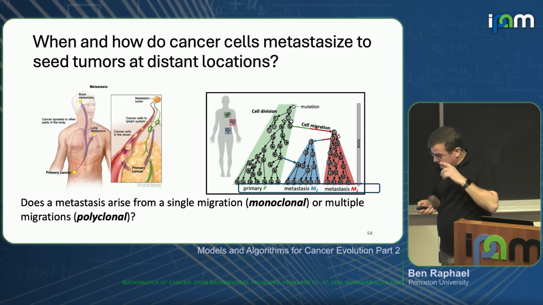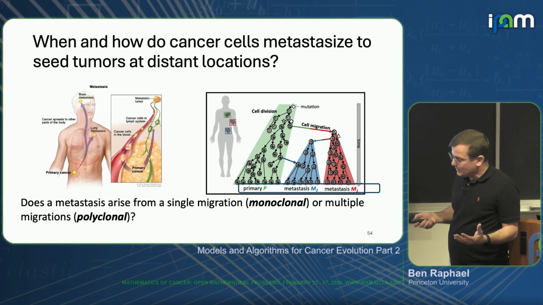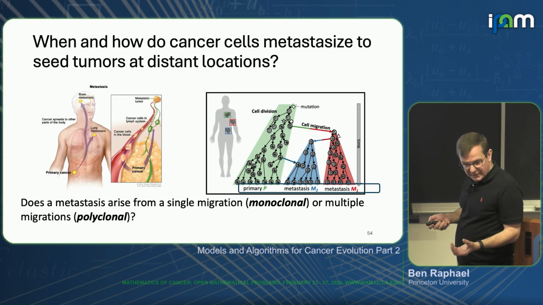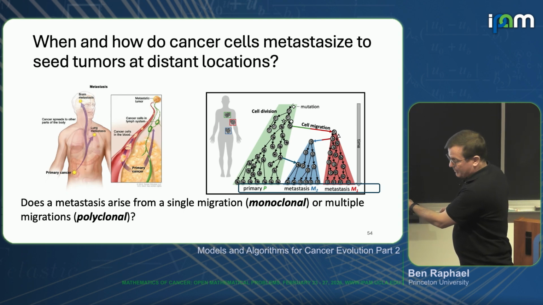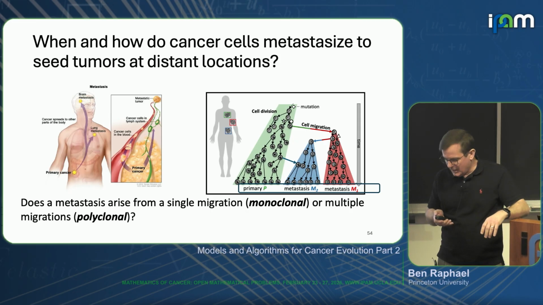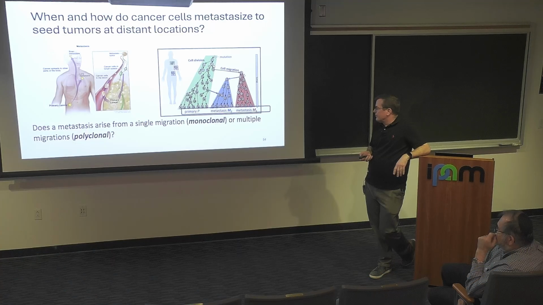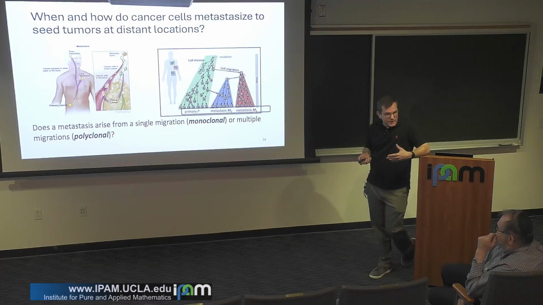And the challenge here is that first, to even ask this question, we have to get data from an individual that has a primary tumor and multiple metastases. That's difficult. Most of the studies that I've worked on where we've done this, and others, are due to rapid autopsy programs.